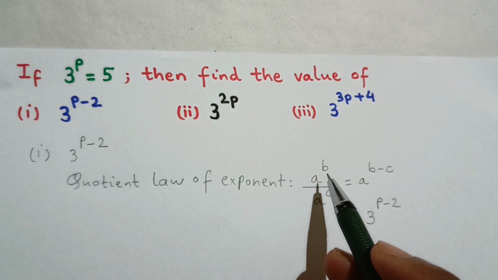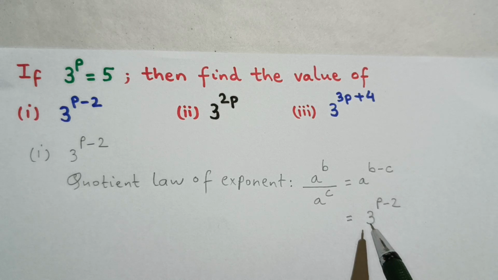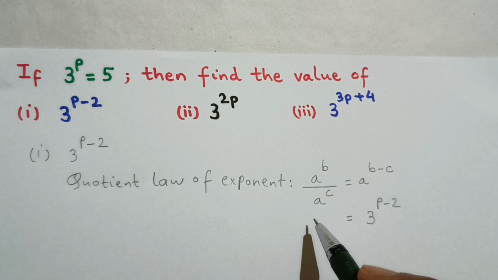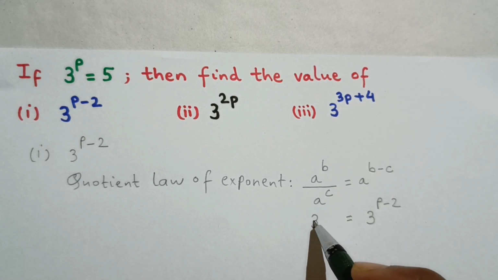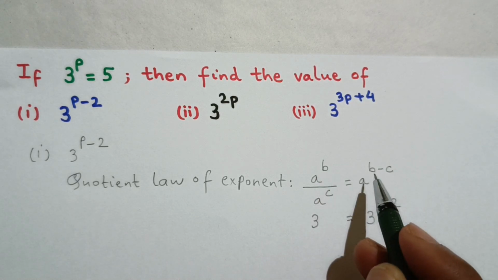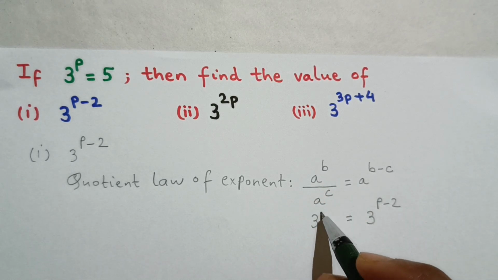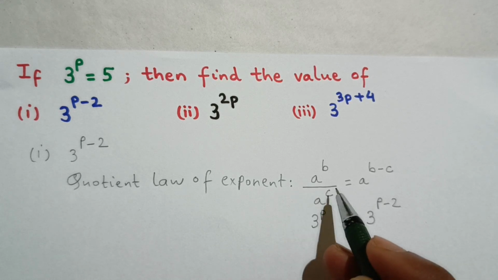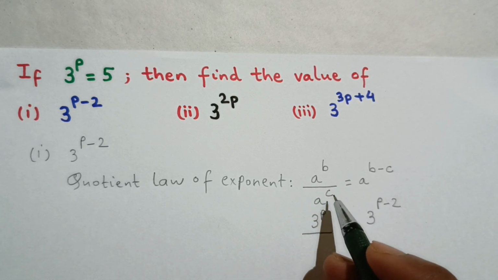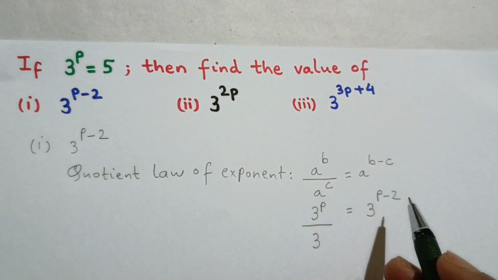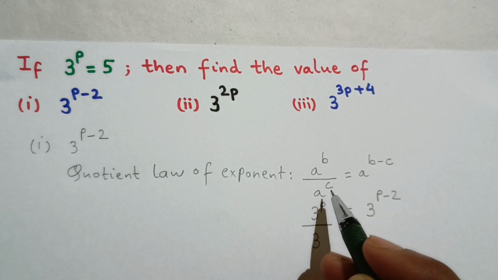So here instead of a, I will write 3, instead of b, I will write p, and instead of c, I will write 2.